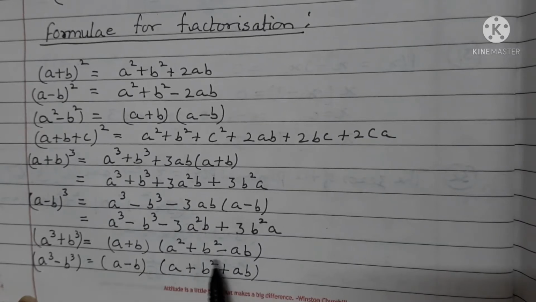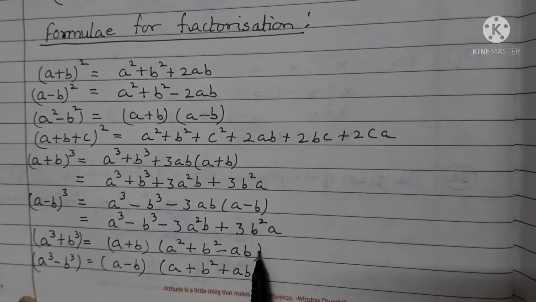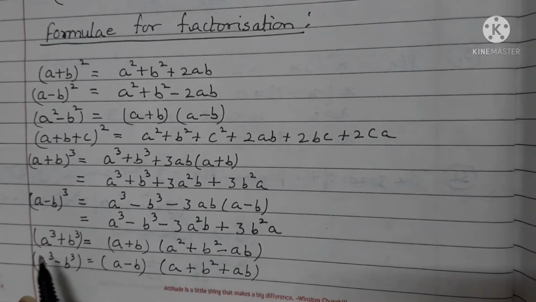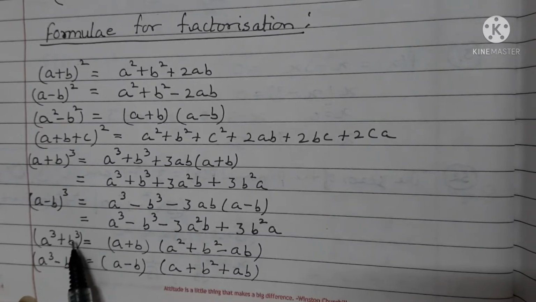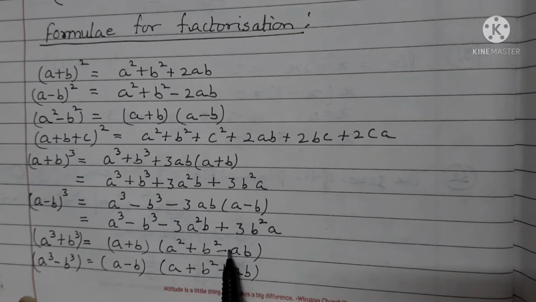So these are 3 terms and one term is negative, which is minus ab, and this is the formula for a cube plus b cube, but minus is present in this formula, so don't forget.